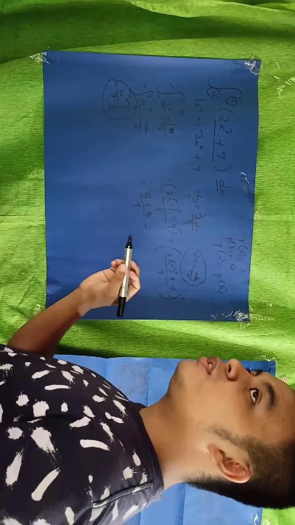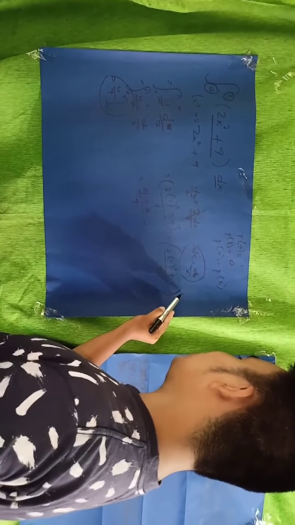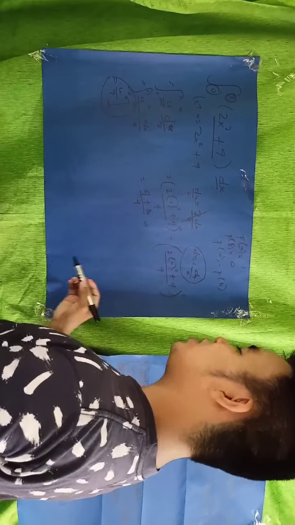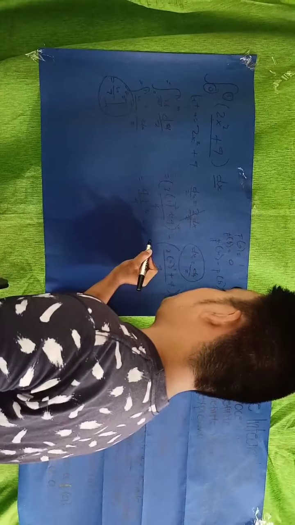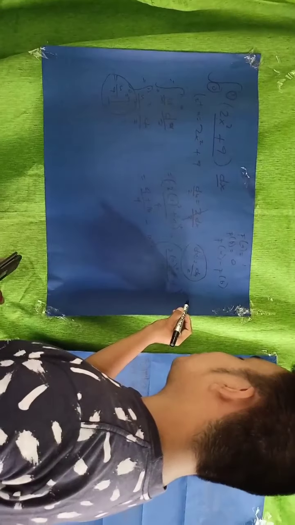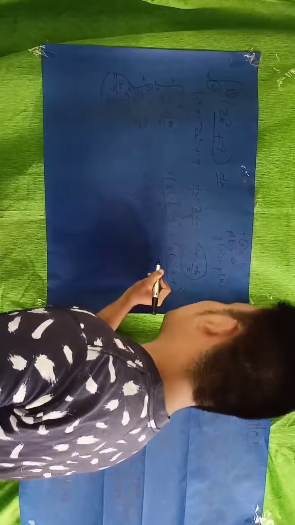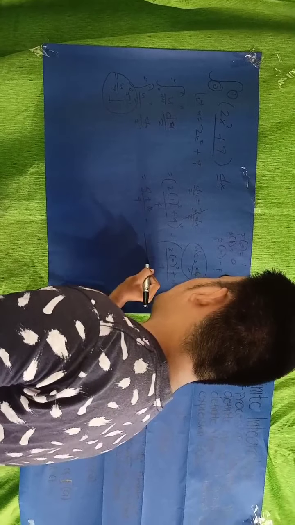Any number you multiply to 0 is equal to 0, so no need to raise its power because it will eventually become 0. Plus 4 raised to the second power is 16. And we will copy the denominator.